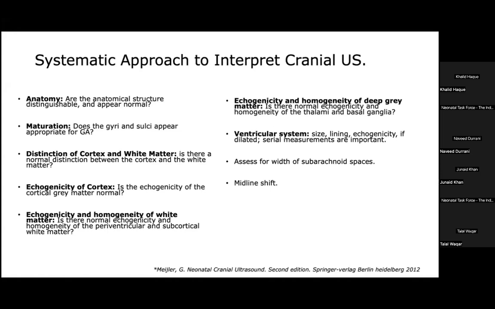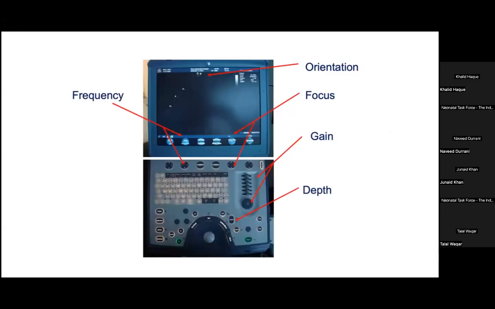Also look at the echogenicity and homogeneity of white matter, whether it appears normal or abnormal, and the same holds for the gray matter. Finally, look at the ventricular system, its size, lining, echogenicity, dilatation, and measurement, and the width of the subarachnoid space and whether there is any midline shift or not.